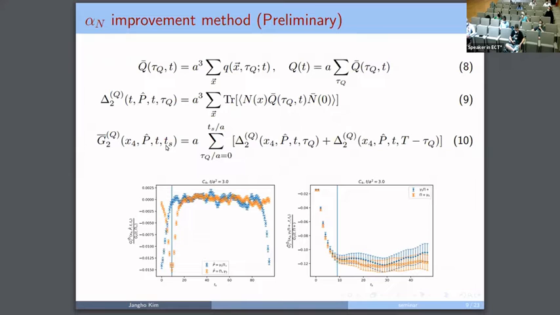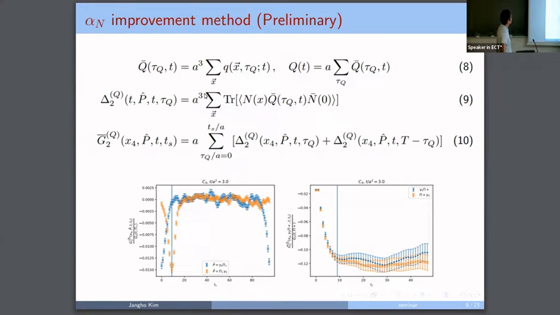We also improved alpha n using the same method as Jack did in our previous result. We insert the topological charge at only one time slice, and that is Q bar. If we sum Q bar over all time slices, it becomes the topological charge.